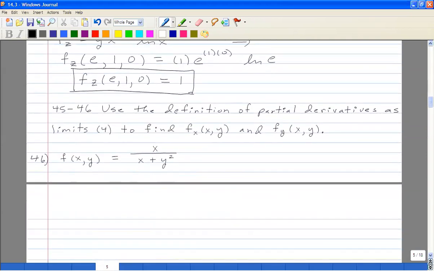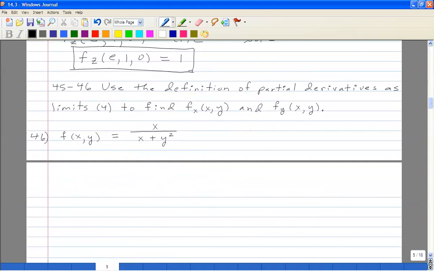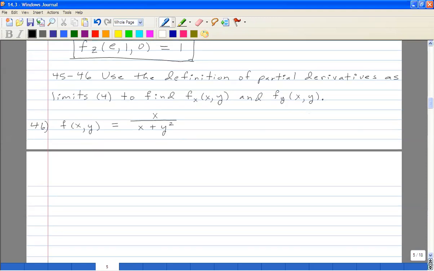In exercises 45 through 46, use the definition of partial derivatives as limits. We did use the definition of partial derivatives as limits to find partial of f with respect to x and partial of f with respect to y. Use the limit definition is what they're saying. So let's do that.